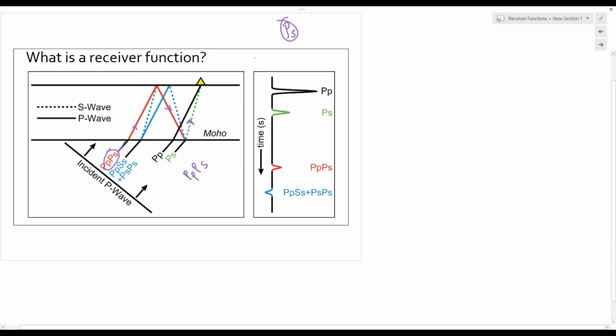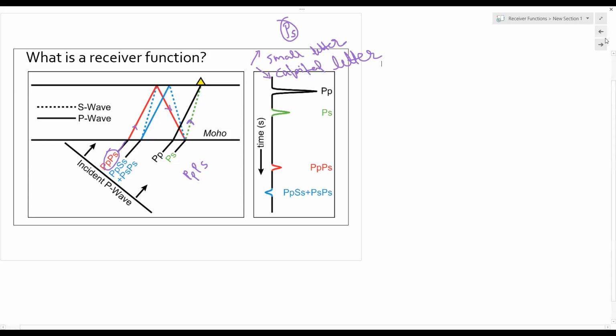So in the layer, for upgoing you will have a small letter. Within the layer, for a downgoing wave, you will have the capital letter. And incident energy will always be capital.